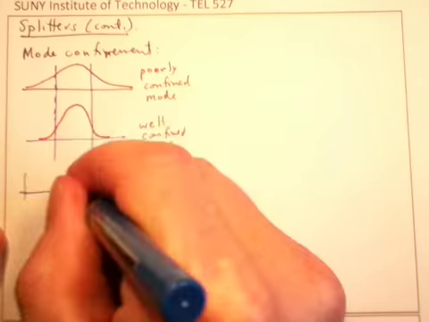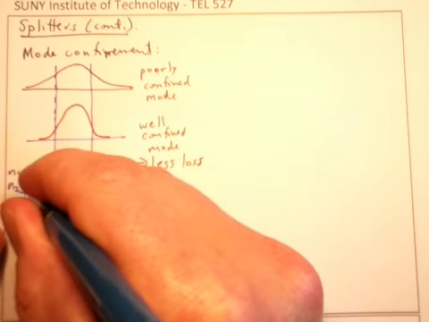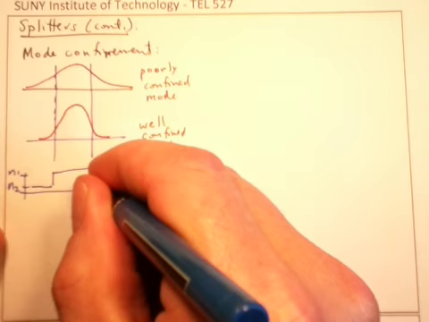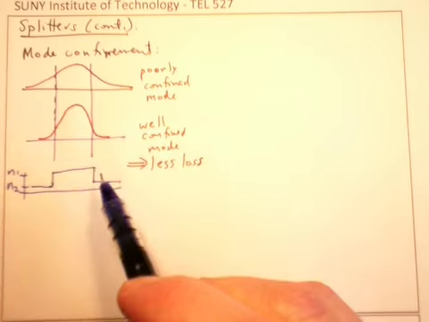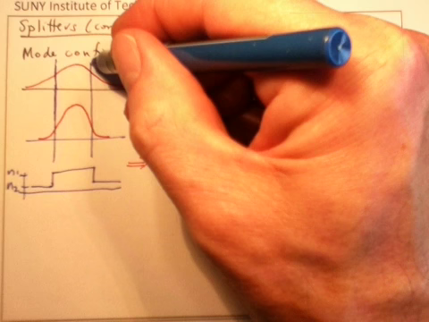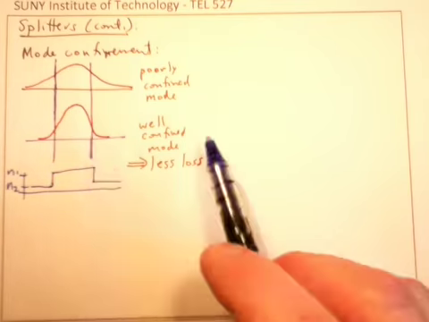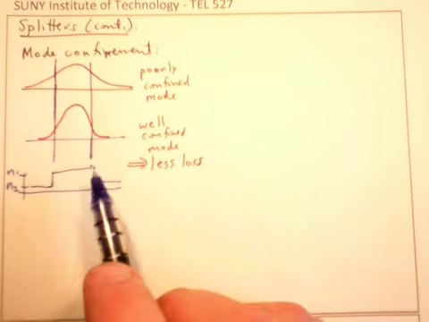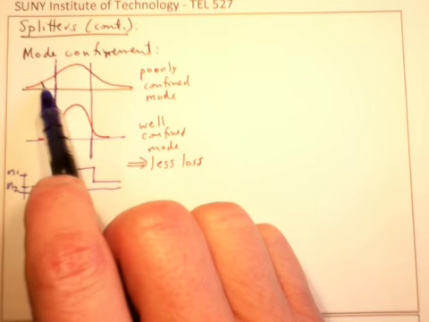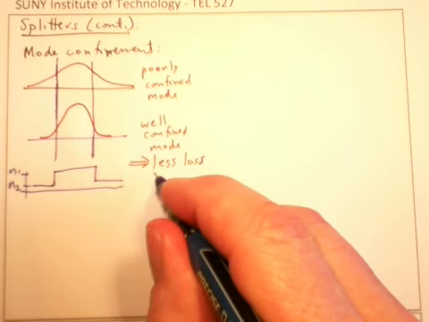So let me draw this as N2 and N1, and this is my waveguide profile. If you have imperfections in the edge of the waveguide, and these inevitably result from fabrication processes, those imperfections will cause poorly confined modes to be very high loss. And so we want a well-confined mode.